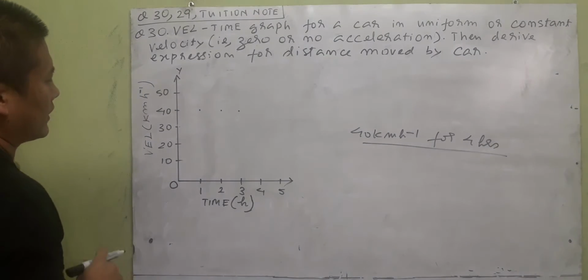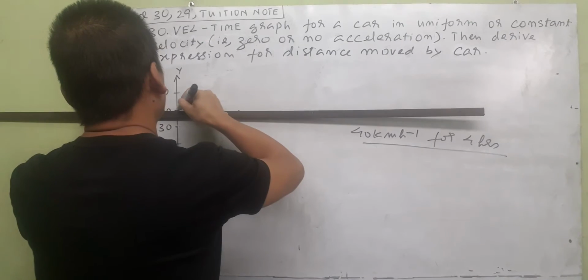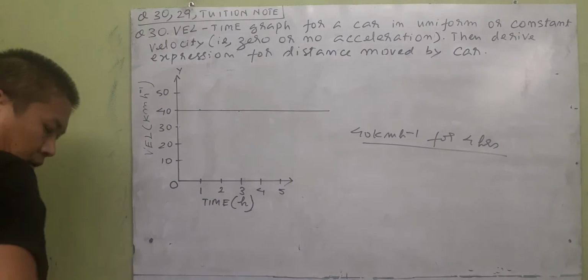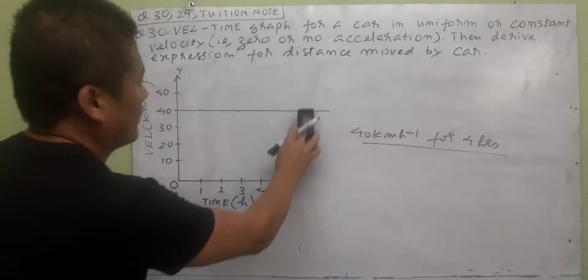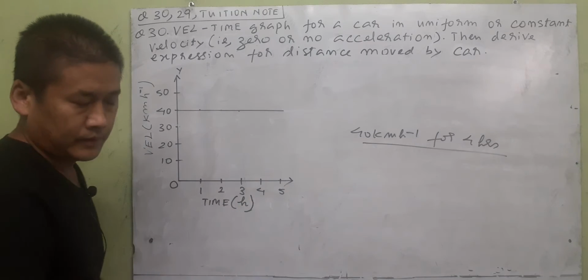So for that kind of a car moving with uniform velocity, if you join the dots, you will get a graph like this, which is a straight line, okay? A straight line parallel to the x-axis.